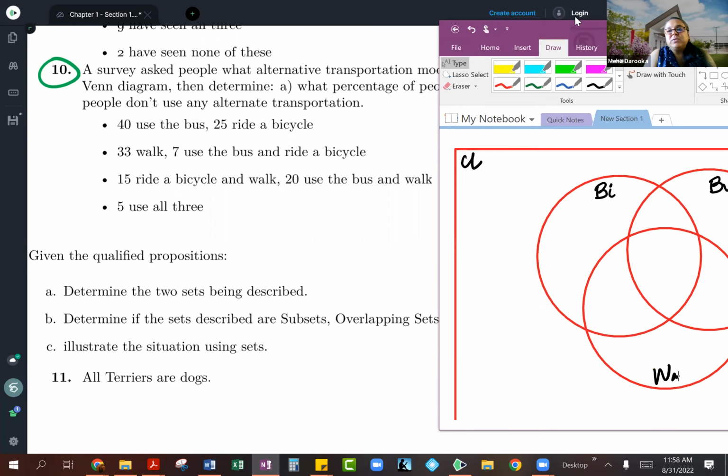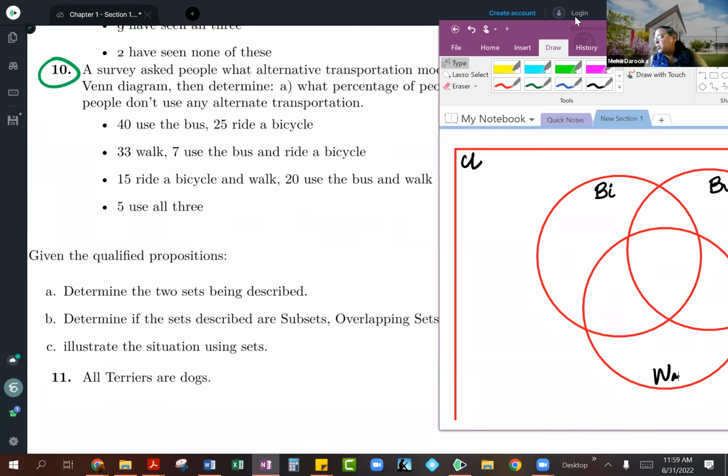So one thing you will notice is they didn't give us any information about only, right? Only ride a bus or only ride the bike or only walk.